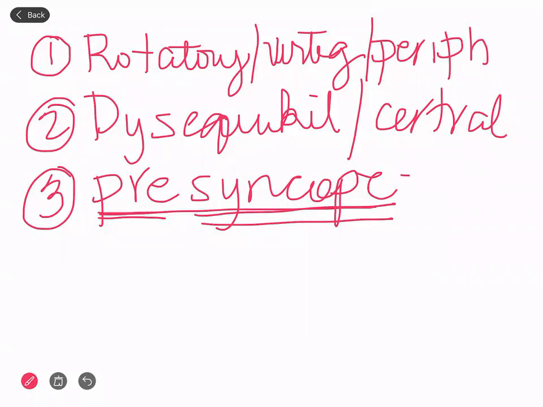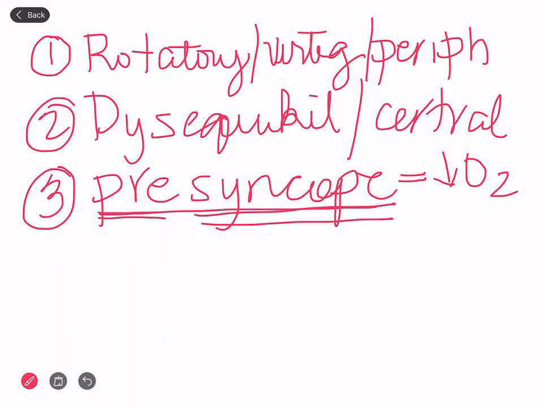More likely, this is secondary to decreased oxygenation or some metabolic problem like hypoglycemia. You are hungry, you are hypoglycemic, so it can cause a syncopal or pre-syncopal attack. Others include hyponatremia, decreased sodium, which can also cause a pre-syncopal attack.